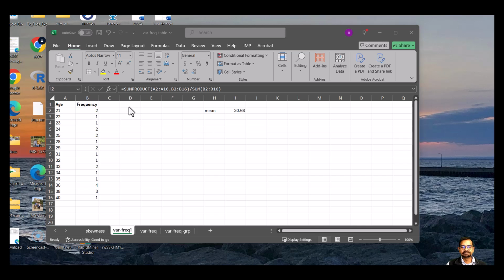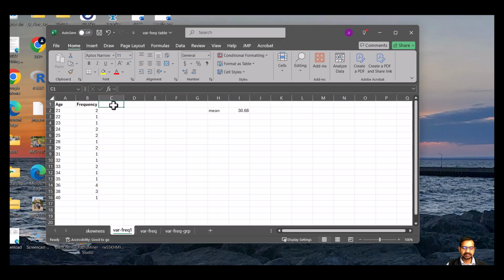So to calculate our squared deviation, we will look at our xi minus our mean, and because I'm going to be dragging it down, I can hit F4 to anchor it. And we'll put this in parentheses.